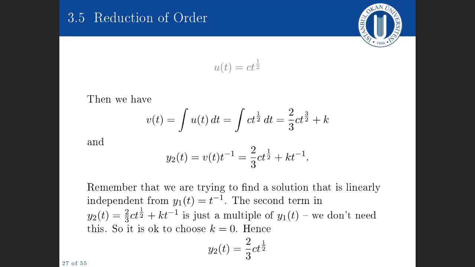So that simplifies us to y2 is 2/3 c t to the power of a half. And this is true for any value of c. We could choose whichever c is most convenient for us.